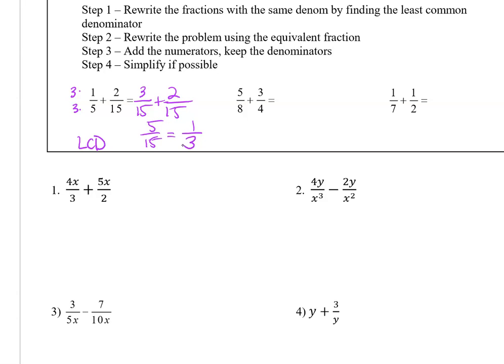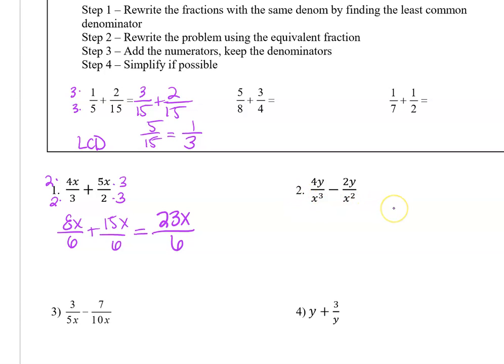Same concept here. So if I look at number 1, my LCD would be 6 between 3 and 2, and that's really just the lowest common multiple. So that means I multiply the first fraction by 2 over 2, and the second fraction by 3 over 3. So then I do 8 plus 15, which is 23. So 23x over 6. And I can't reduce 23 with 6, so you're done.